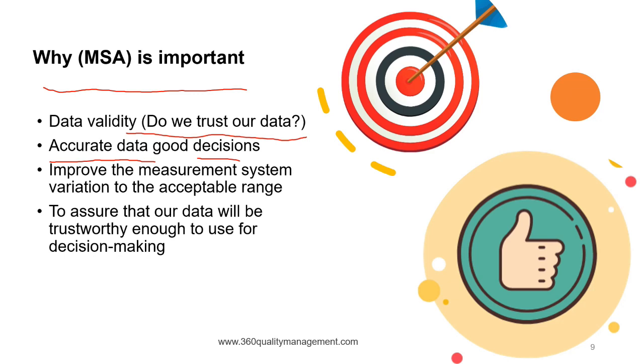And if the variation of the measurement system is too big, we are supposed to improve it to a smaller variation or within the acceptable range. From here, we can assure our data will be trustworthy enough to be used to make a decision.